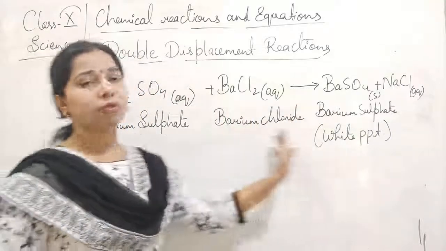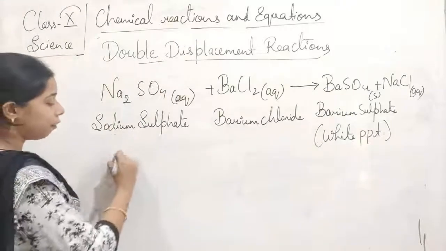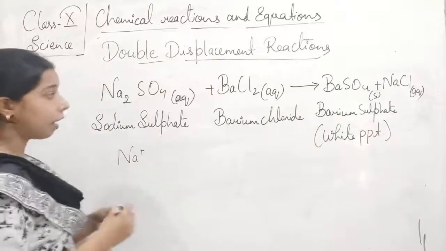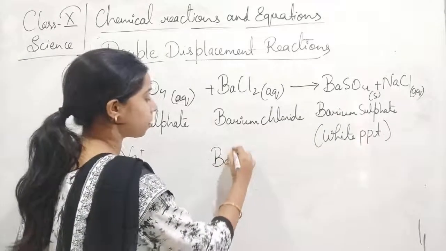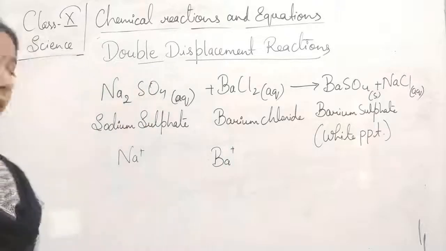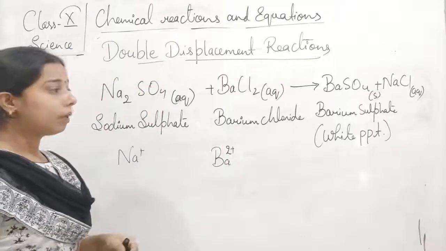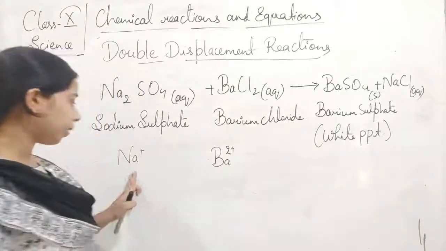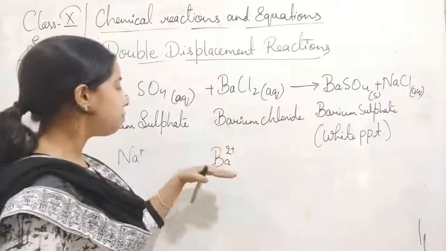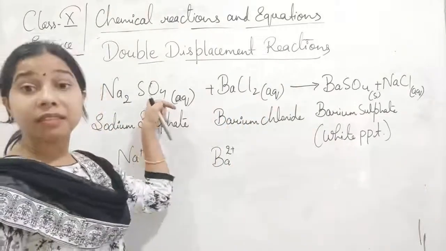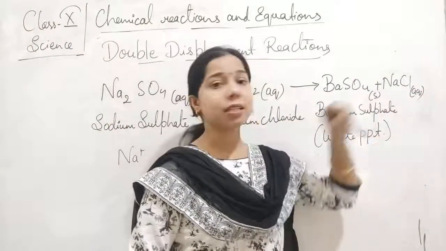Basically there is an exchange of ions. How? Here sodium is in the form of Na positive, and barium chloride has Ba 2 positive. So what happens here, students? The sodium ion reacts with the chloride, and the barium reacts with the sulfate, and thus there is a formation of barium sulfate and sodium chloride.